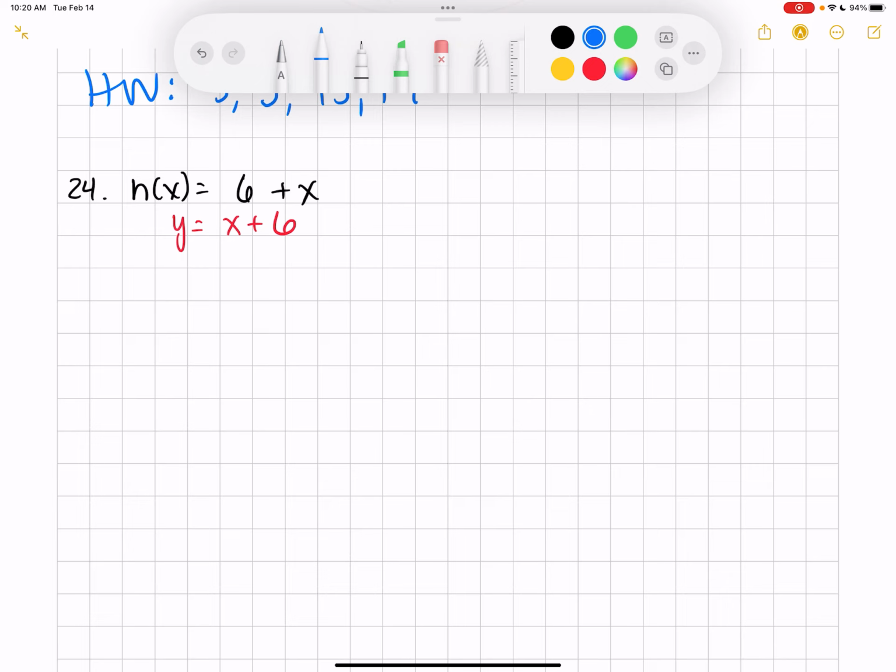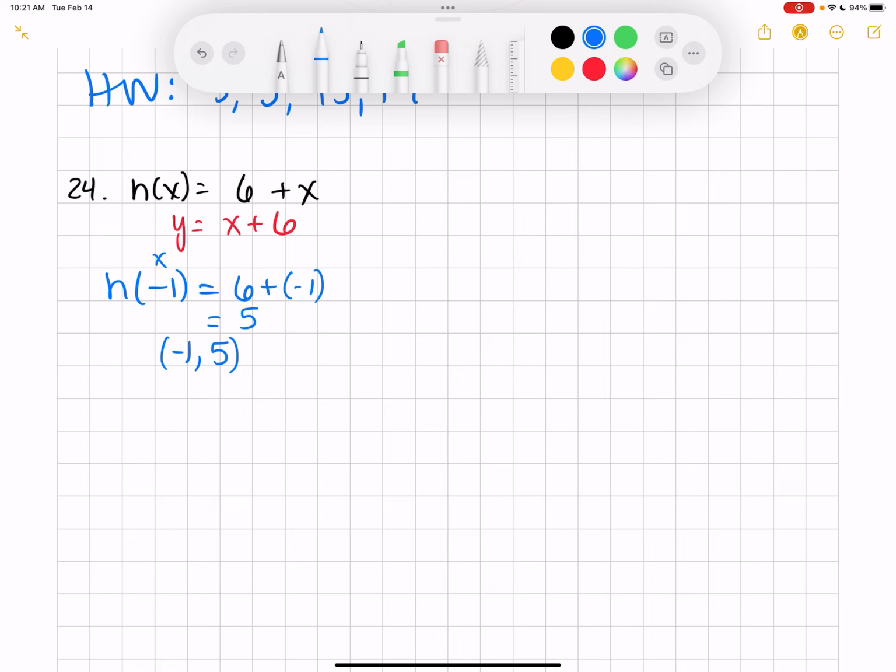So it'll be h of -1 is equal to 6 plus -1. So 6 minus 1 is 5. So this is the x point, this is the y value that comes out. So the point that we'd be plotting is -1, 5. So that's going to be 1 point.